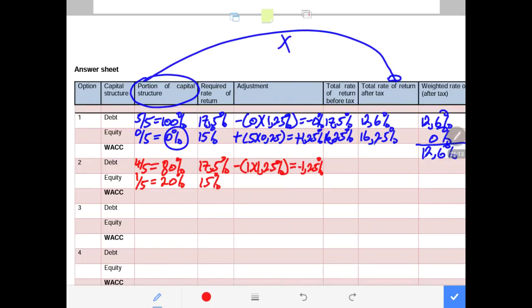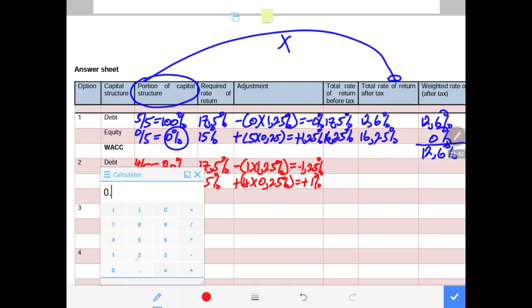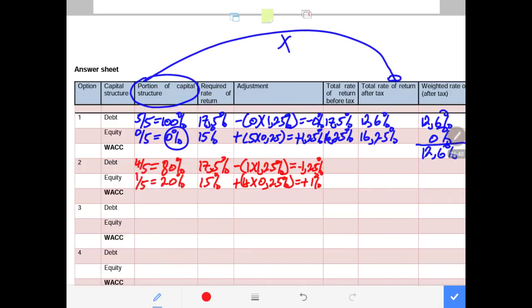So it will be 4 times 0.25%, meaning the equity will increase by only 1%. Let us check that. We have 0.25 multiplied by 4, meaning the return on equity will be expected to increase by 1%.